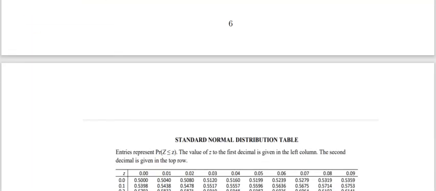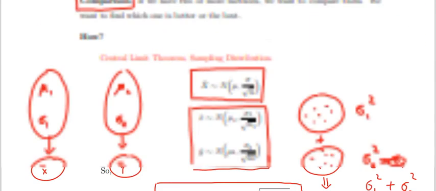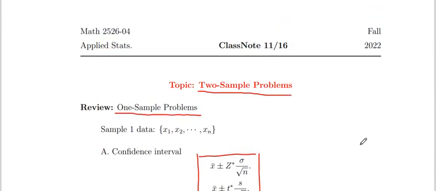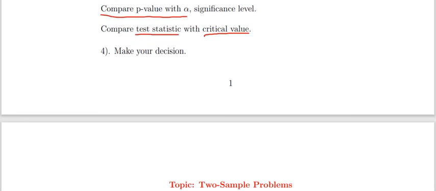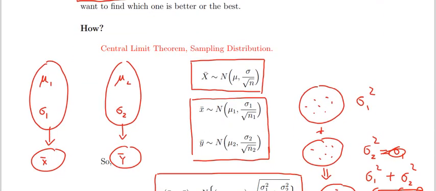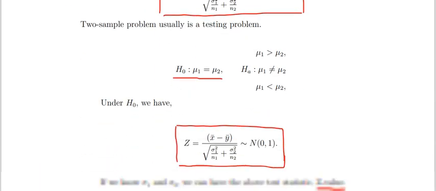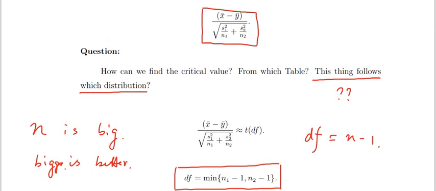So today's topic is two sample problems. Here we just use this formula, the test statistic: X bar minus Y bar over the square root of S1 squared over n1 plus S2 squared over n2.